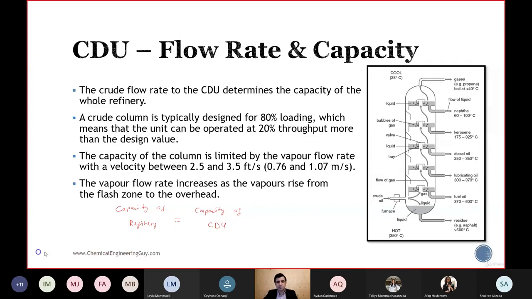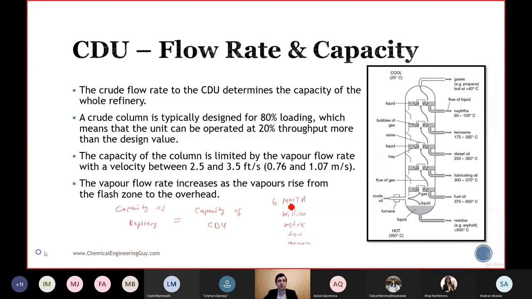It means million metric ton per annum. It means that the capacity of the refinery is to refine 6 million metric tons of crude per annum.